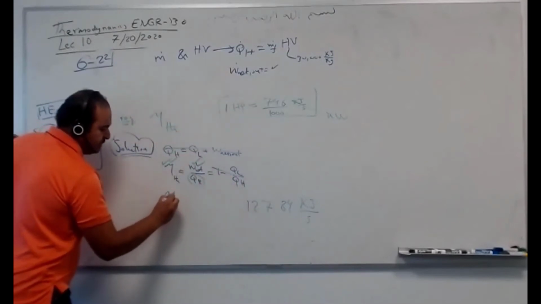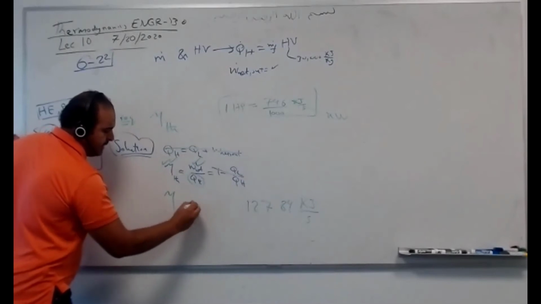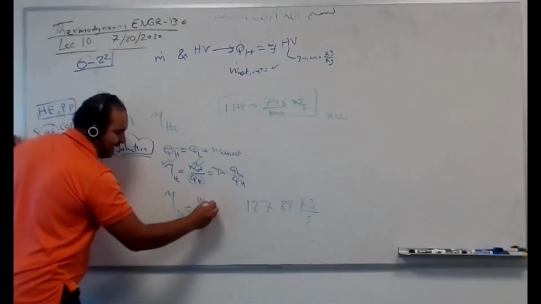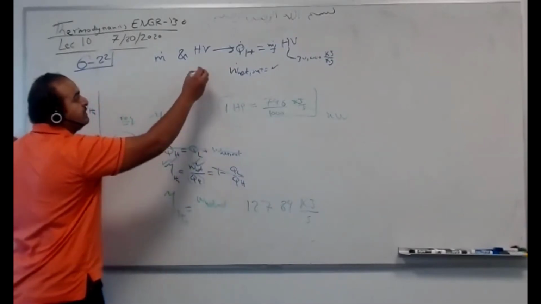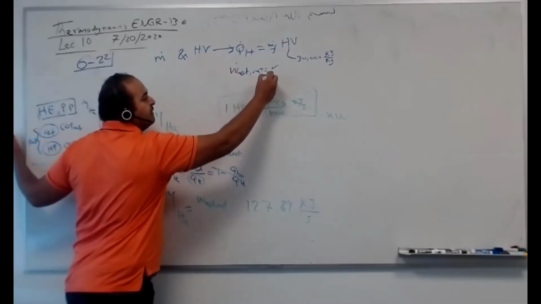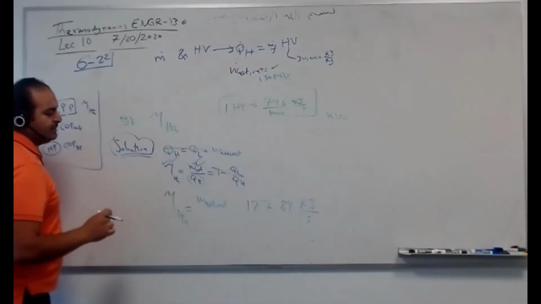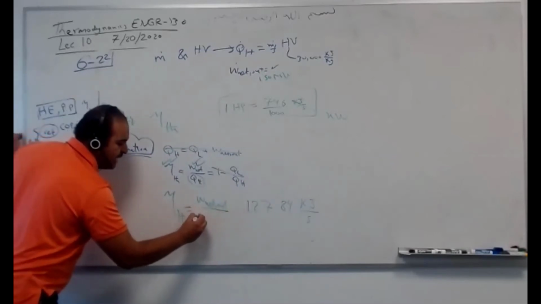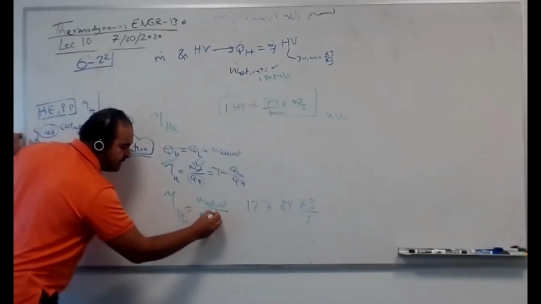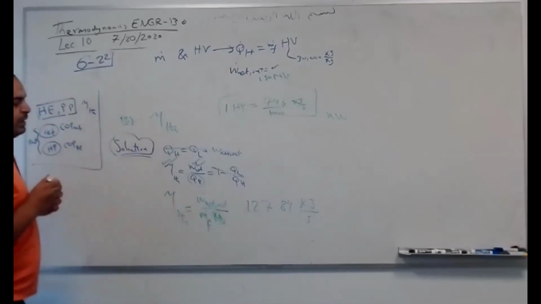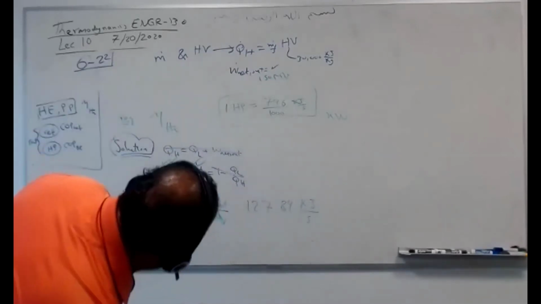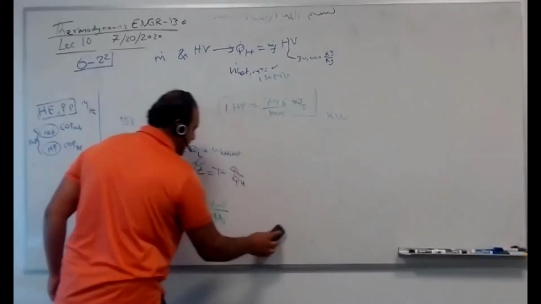Eta thermal is W dot net out, which I have, 150 megawatt, a very huge power plant, divided by Q high, which is m dot fuel times heating value, HV. It's a coal power plant. We can get thermal efficiency.